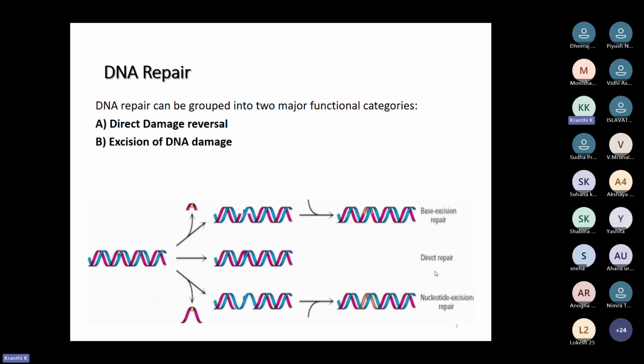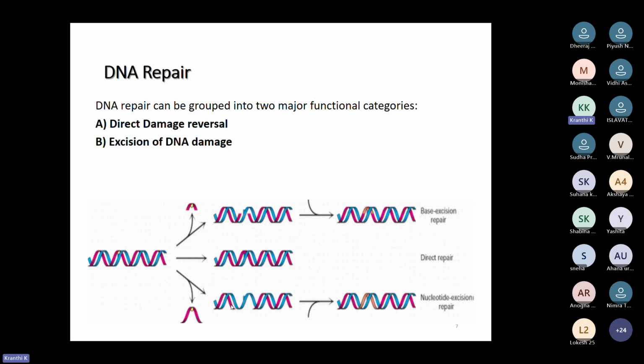Excision means here only this part got altered, right? So it is removing the complete strand and adding a new strand. So nucleotide excision is happening here. It's completely removing the nucleotide, then doing the repair.